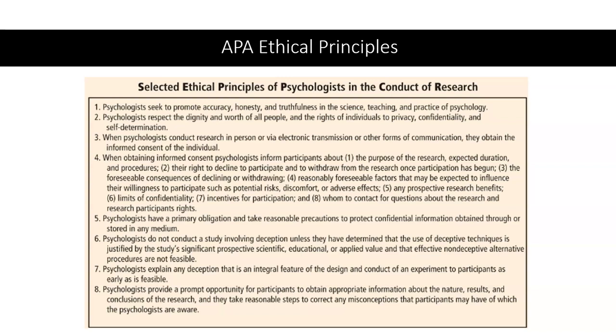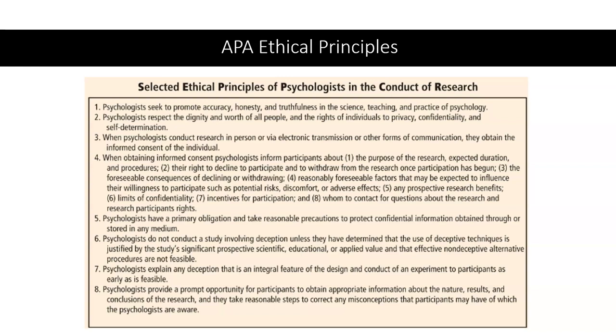These are the ones that are really tied to ethics in research. So the first principle really talks about accurate, honest, truthful reporting in science, as well as in teaching and practice. Psychologists are expected to respect the value and worth and dignity of all people, their rights to privacy, their rights to confidentiality and self-determination.